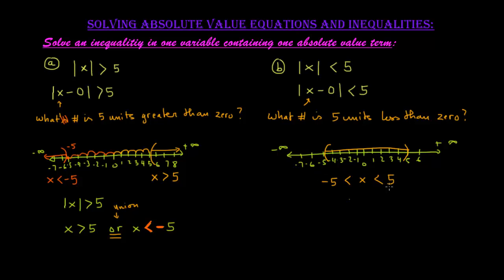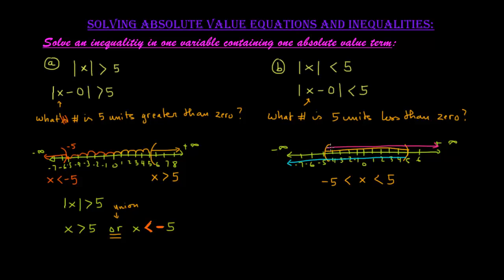But writing it this way does not help me figure out the concept of how to solve the problem, so I'm going to change it a little bit. I can think of it this way: any number greater than -5 is one part of my solution, and any number less than 5 will give me another solution.